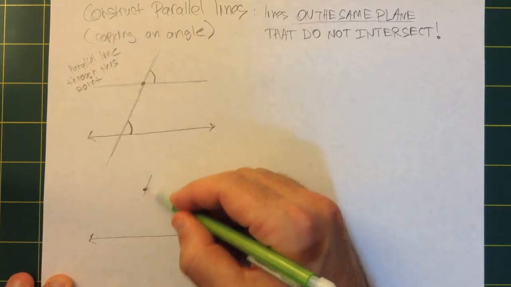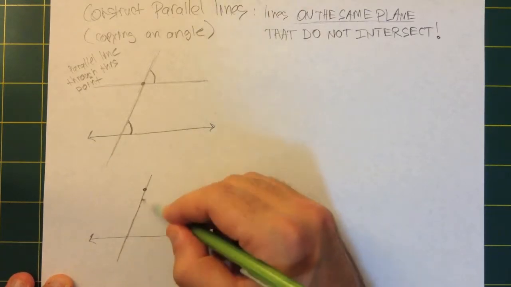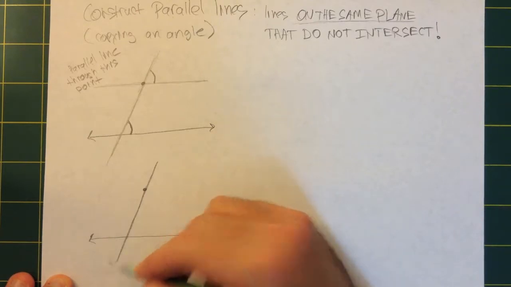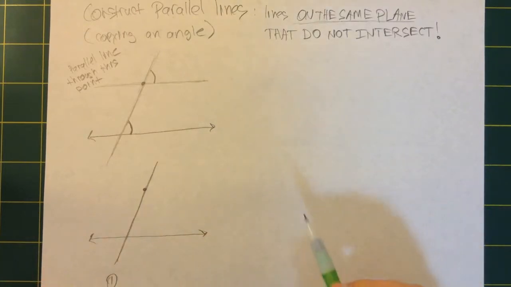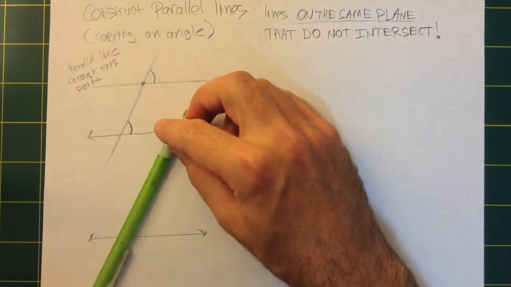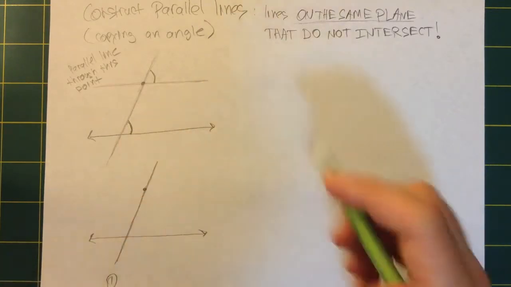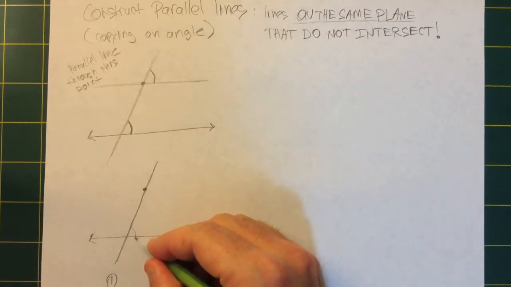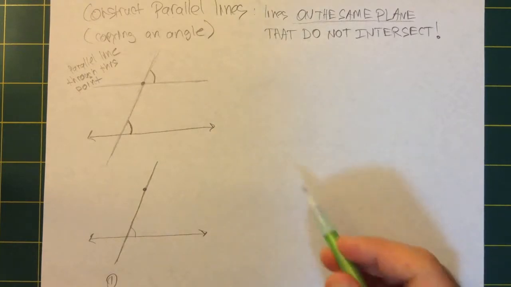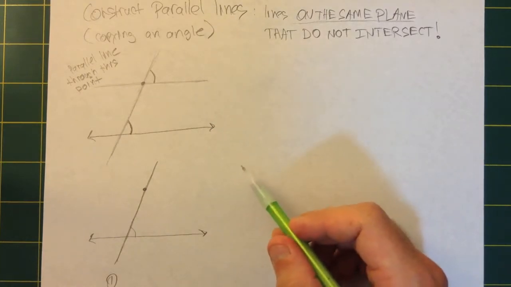Step one is we add some random segment. It doesn't matter what angle you put this segment at as long as it passes through the point. Step two is we start doing our angle copying process.